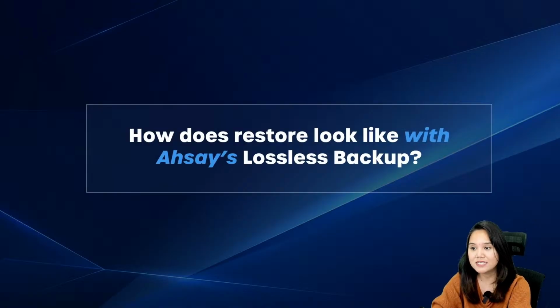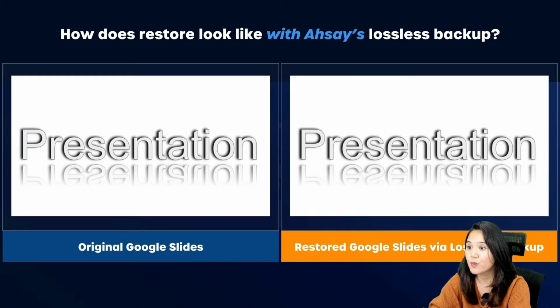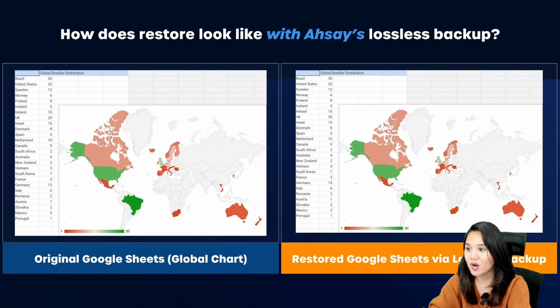So now that we've seen how export-based backups can break functionality and disrupt workflows, let's look at the difference with Ahsay's lossless backup. Here, every Google Workspace file is restored exactly as it was created. No missing check boxes, no broken word art on presentations, no missing charts.